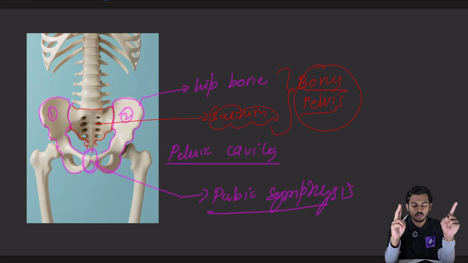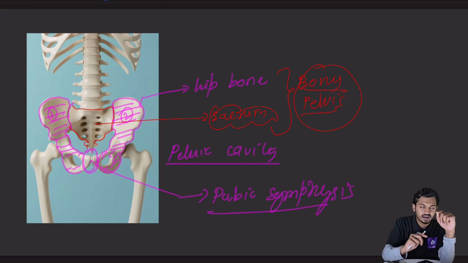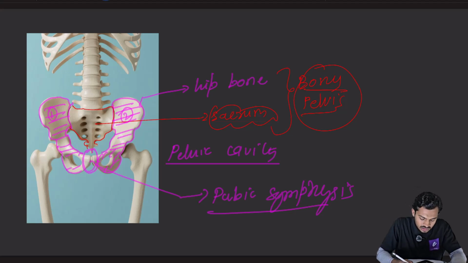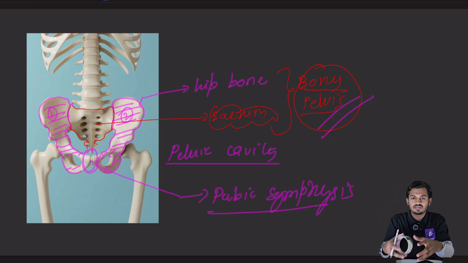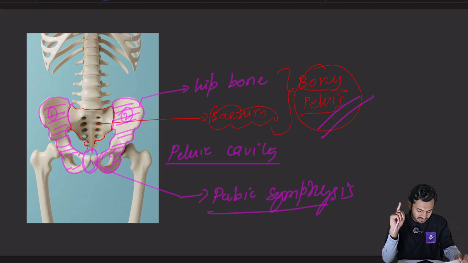तो हमने क्या पढ़ा? We studied two hip bones. तो ये जो पर्पल कलर के आउटलाइन हैं, this bone and this bone, इन बोन्स को हम कहते हैं हिप बोन। तो दो हिप बोन और एक सैक्रम मिलकर एक राउंड बोनी स्ट्रक्चर बना रहे हैं। इसको हम कहते हैं बोनी पेल्विस। इस राउंड स्ट्रक्चर के अंदर जो स्पेस है, this space becomes pelvic cavity.